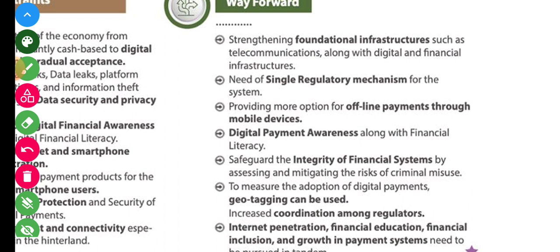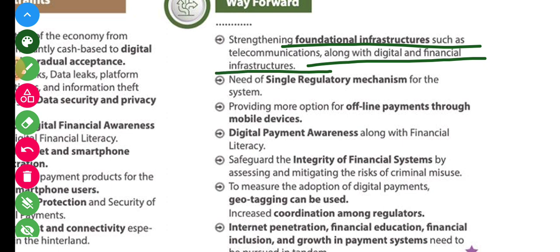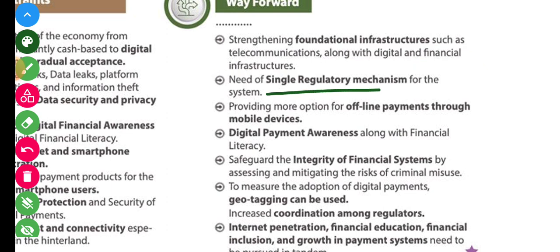What is the way forward? Foundational infrastructure such as telecommunications along with digital and financial infrastructure. Need for a single regulatory mechanism for the system. Providing more options for offline payments through mobile devices. Digital payment awareness along with financial literacy.